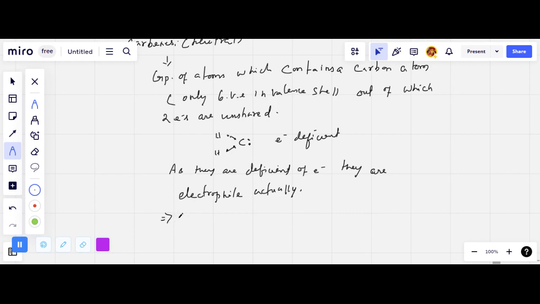These are also unstable. All the intermediates obtained in organic reactions are unstable; they exist for a short duration. This is also unstable because it has only 6 electrons and is electron deficient.